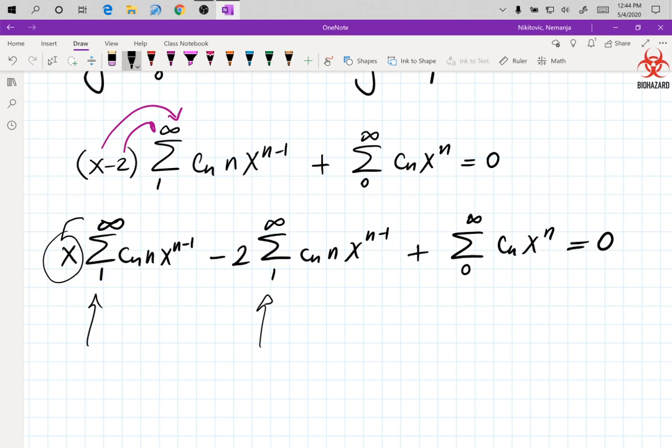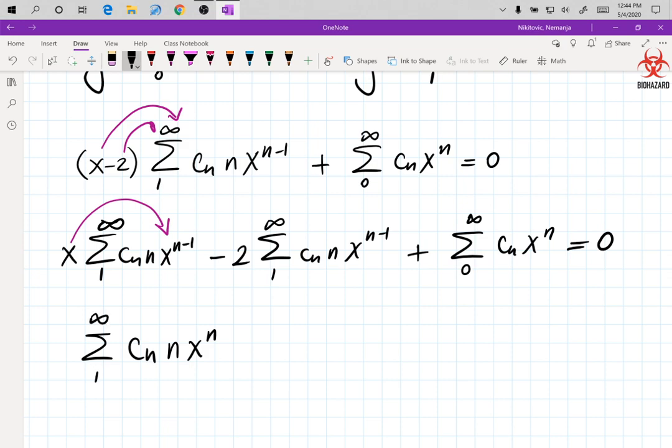This multiplies in. Before I shift anything, this x jumps in there and does what? When this one jumps in, it creates the sum of Cn n x to the n, 1 to infinity, and then the rest of the series stays the same.